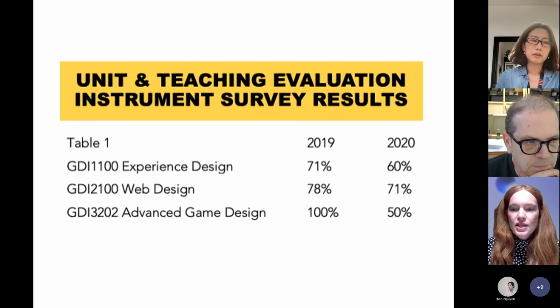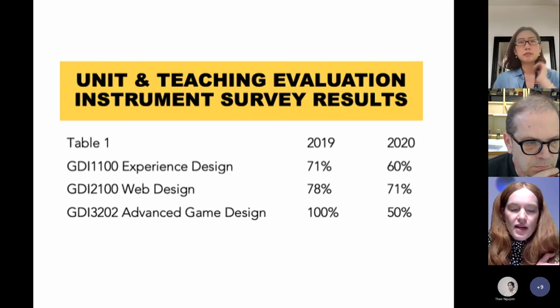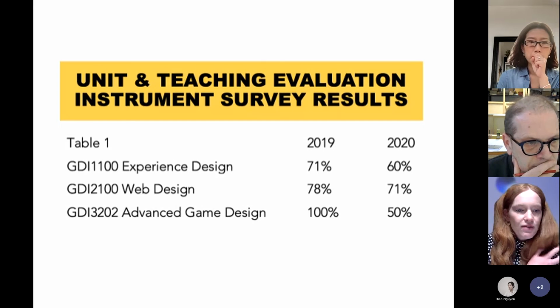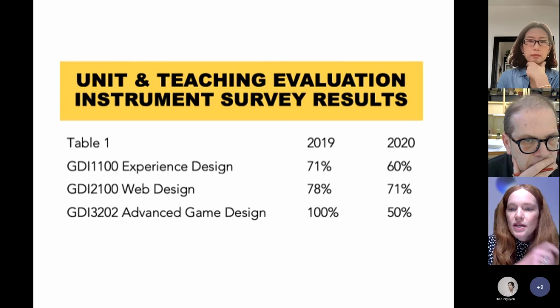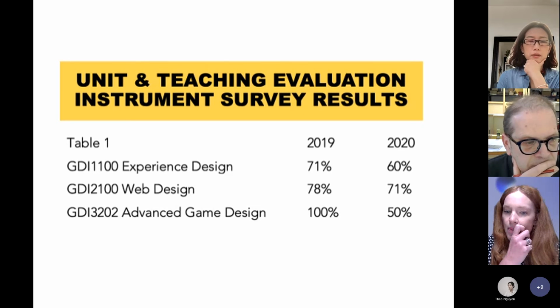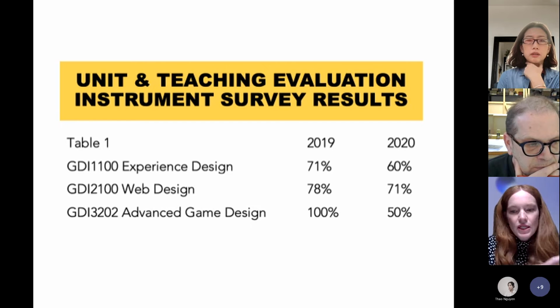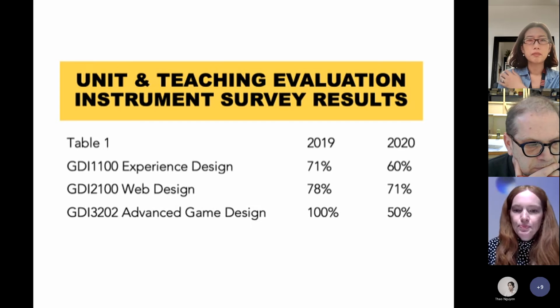Our unit and teaching evaluation instrument surveys, or UTEI surveys, are presented here for 3 units comparing 2019 and 2020. You can see from the data that there's a drop in student satisfaction across a lot of areas like assessments, organisation of the unit, teaching, the extension of learning, and overall satisfaction.